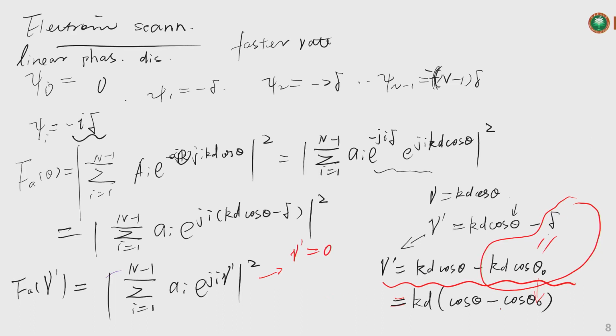But here, if gamma prime equals 0, that means the angle theta can never be pi over 2, all right? It should equal theta 0. So it is determined by how the phase distribution is set. So that means the direction of the main beam is changed, actually.